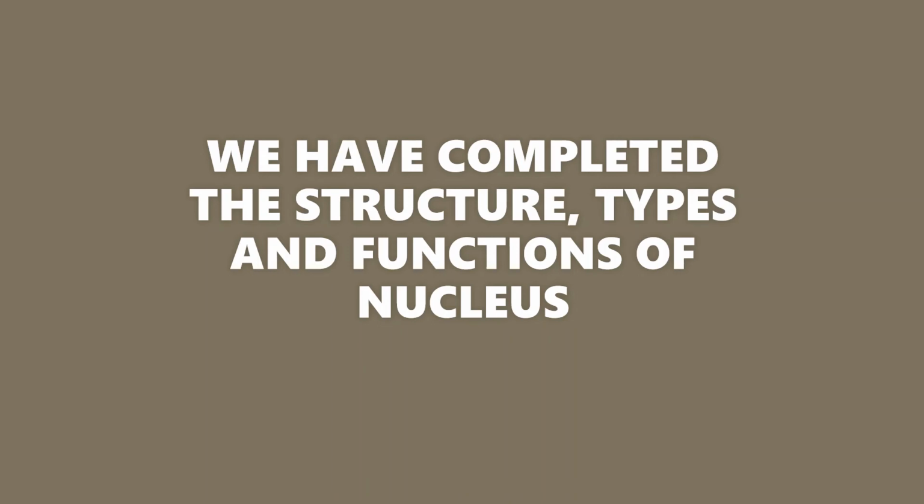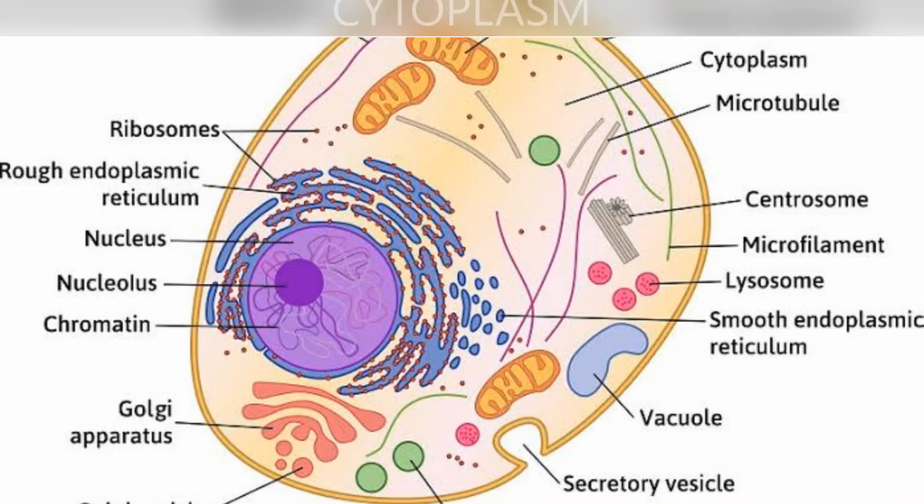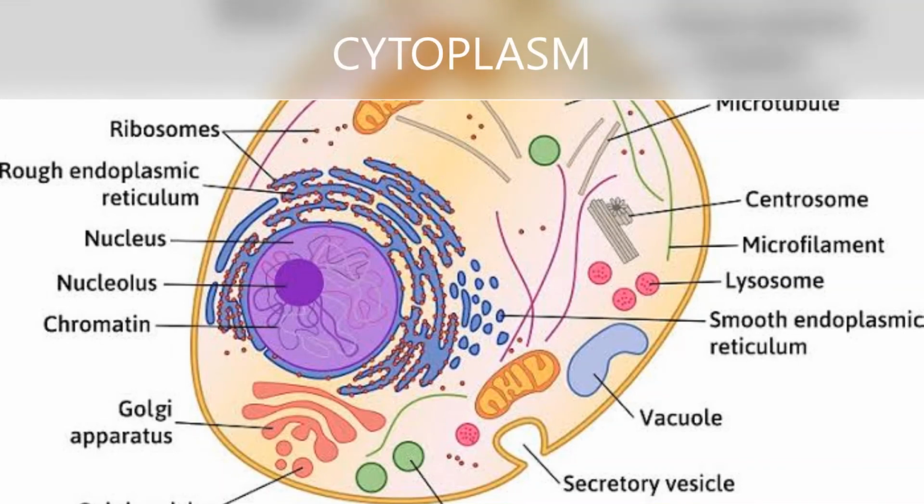Okay, so we have finished the structure of the nucleus and the function of the nucleus. Now we'll see the next part. Today we'll study the cytoplasm, right? You can observe this cell. At the center, as you have already understood, is the nucleus, and at the outermost part is the cell membrane. Between the nucleus and the cell membrane there is a liquid.